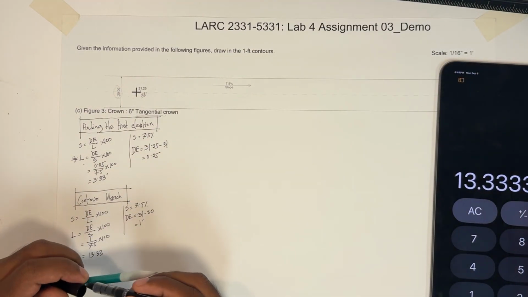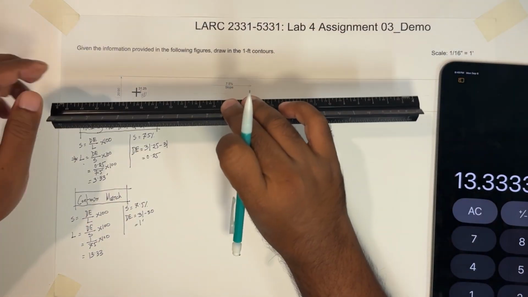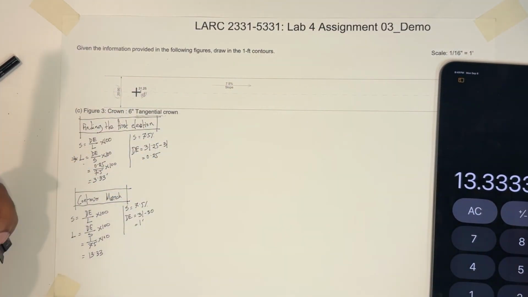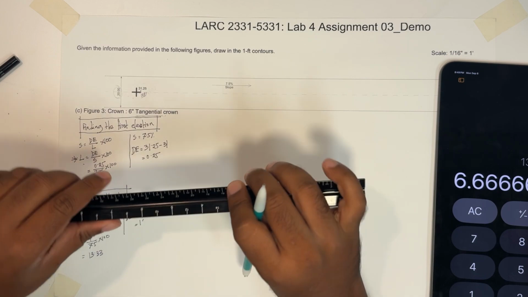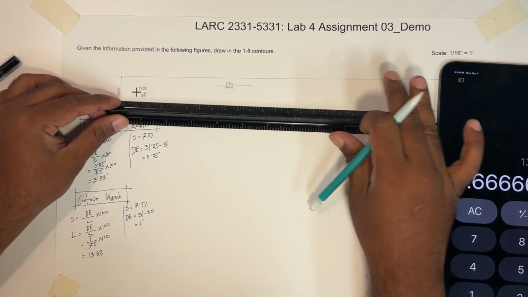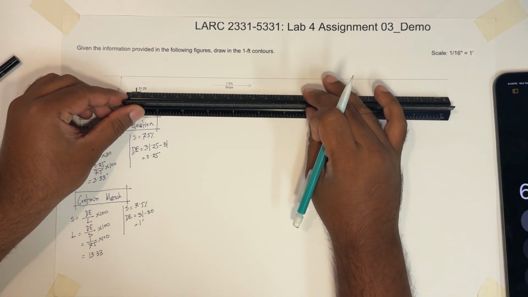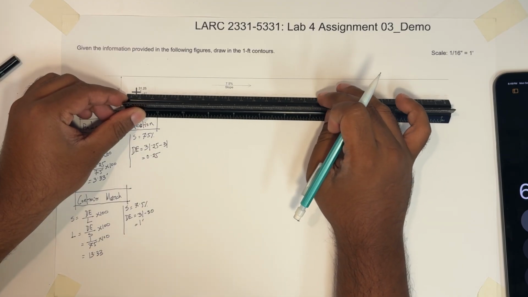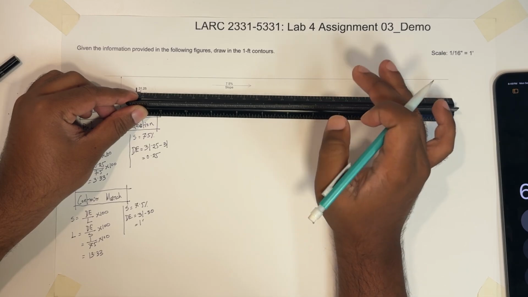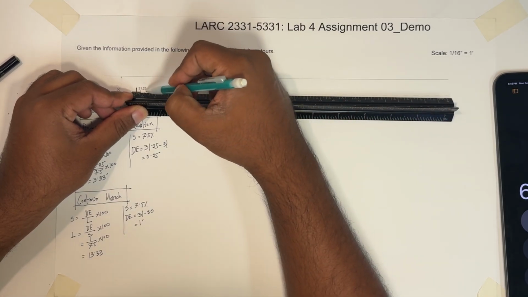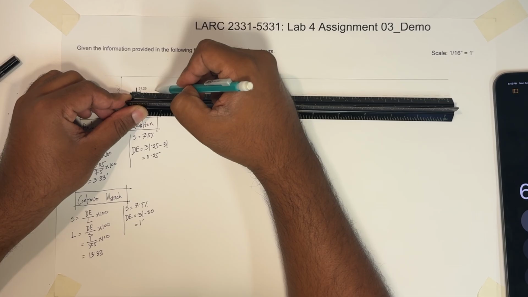So let's put it in scale. 13.33 needs to be divided by 2 to get into a 1/16. That is 6.67, which is awesome. Let's find that. So here's our 1, 2, 3, 4, 5, 6, and then a little more.